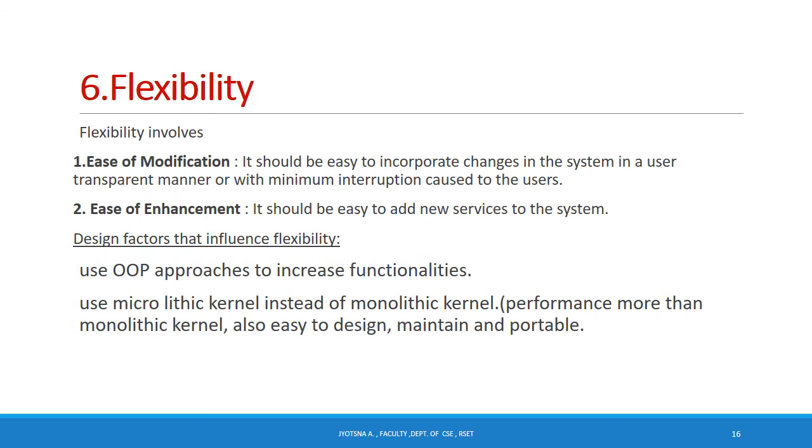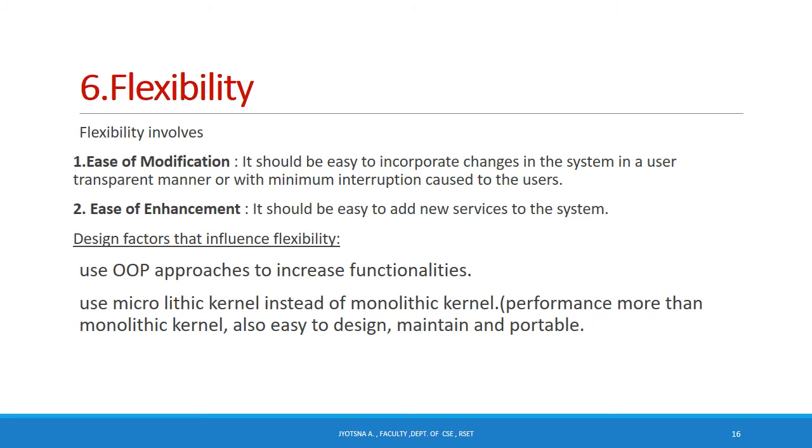The sixth design issue and a characteristic of a distributed system is flexibility. Flexibility involves two things: ease of modification and ease of enhancement. Ease of modification means it should be easy to incorporate changes in the system in a user transparent manner or with minimum interruption caused to the users.